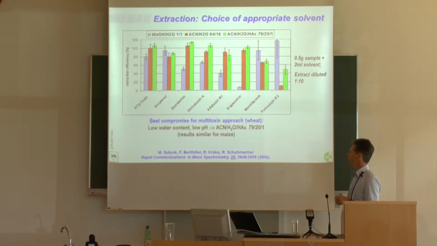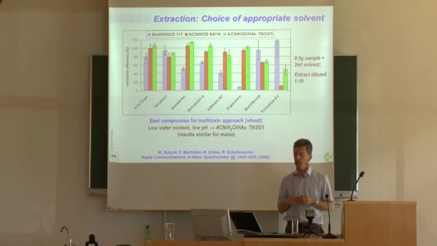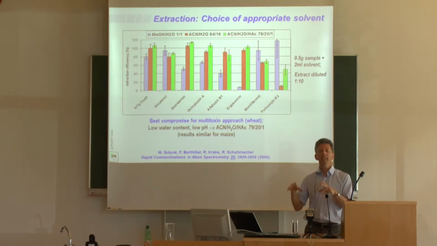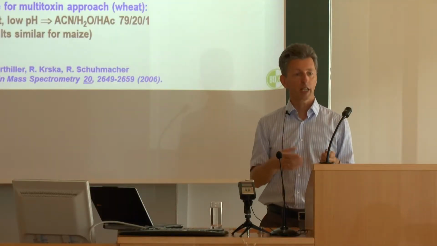That is why, within our effort to accommodate as many toxic secondary metabolites and ideally also all relevant mycotoxins within one single analytical method, a major optimization step was finding the proper extraction solvent.